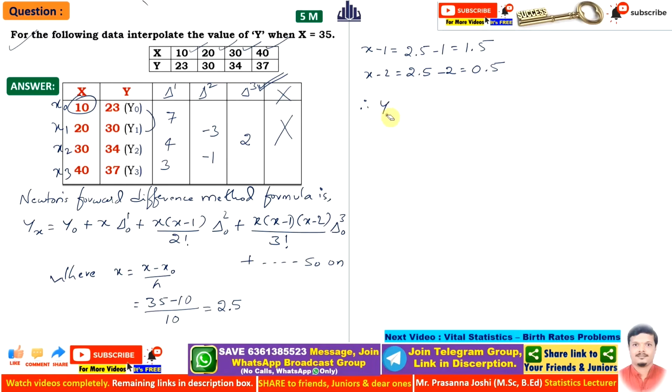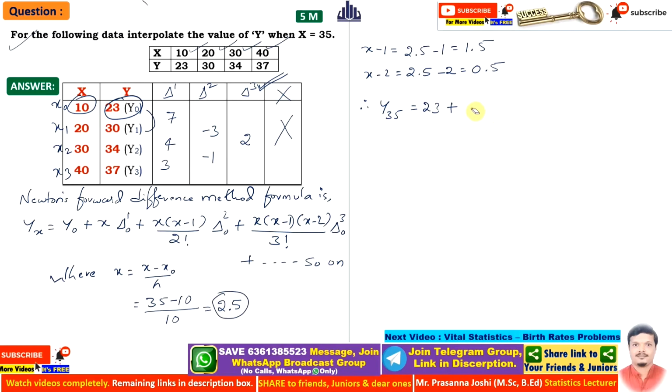Therefore, y 35 equals to, because x equal to 35 it is asked, y_x becomes y 35 equals to this y naught value is 23. Then plus in between x into delta0 1, x value is 2.5 into delta0 1 is 7.